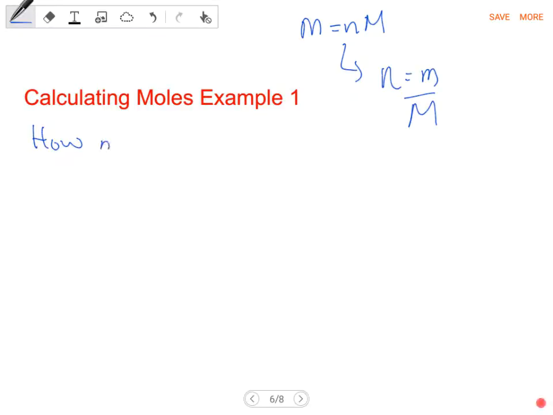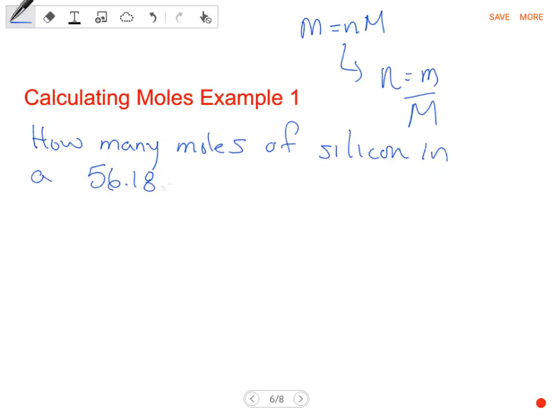How many moles of silicon in a 56.18 gram sample? Well, this is right out of your textbook.